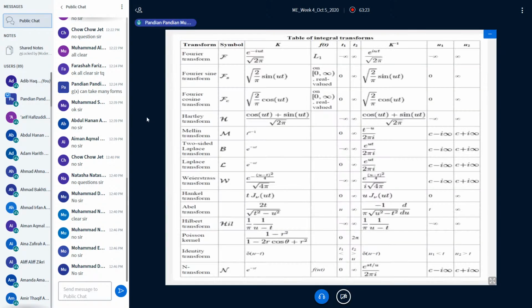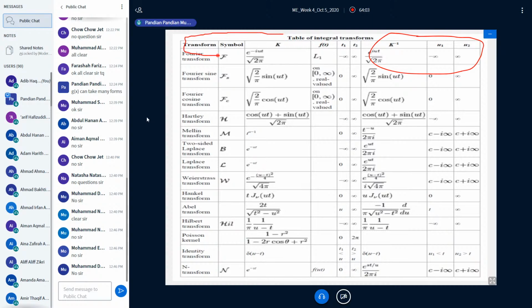If you look at this table, it is very massive, with so many functions. This is the table of integral transforms. It includes the transform symbol, the K function, f(t), lower bound t1, upper bound t2, and the inverse. The inverse we do later. Now we are concerned only with K, f(t), t1, t2.